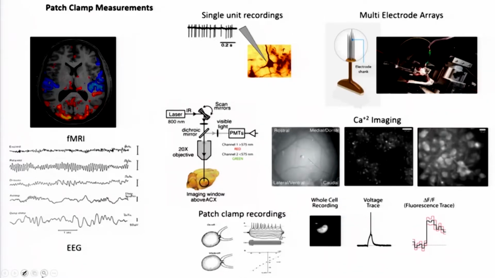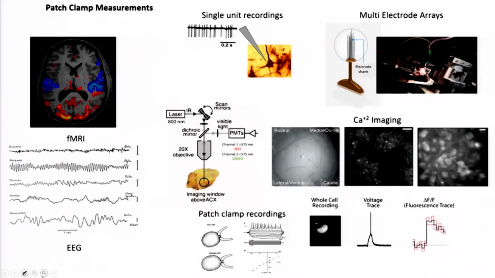We cannot gain access to single neurons here, but there are still many advantages, and a lot of information is available from fMRI, which is shown as an example on the left-hand side and provides an indirect measure of activity.